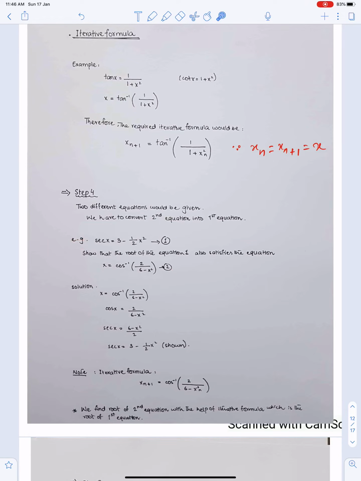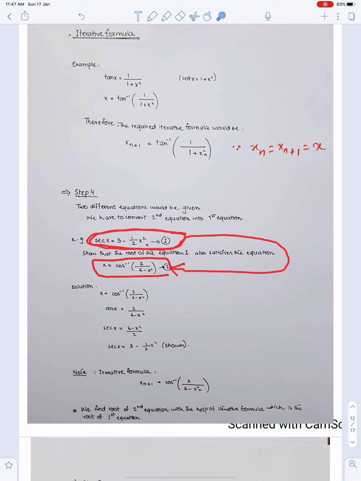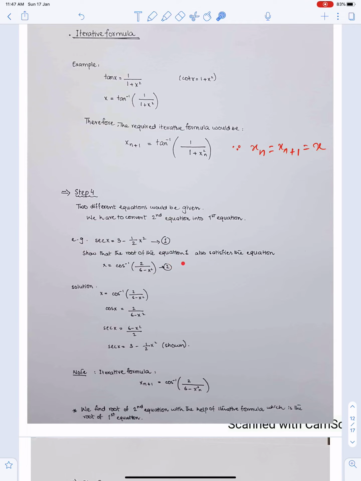Why are we doing this step? Basically, the examiner wants the answer of this equation, and we cannot solve this equation easily. So he basically factorized this equation into this form, and we will use this equation to get the answer of this equation.